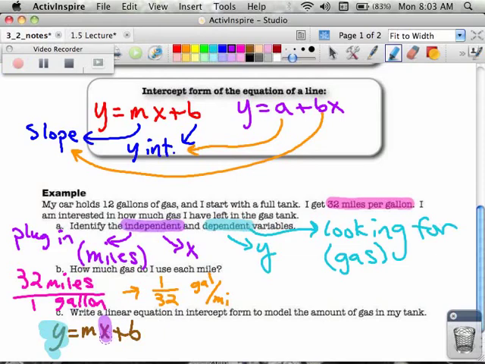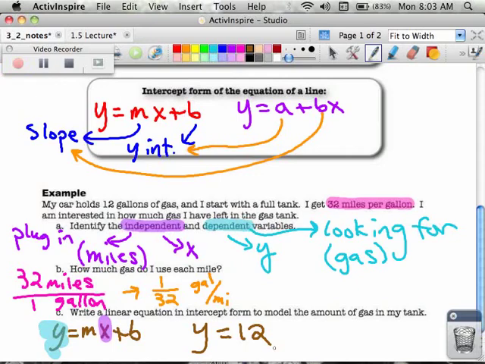So if I'm plugging that in, I need to use the orange gallons per mile in order to talk about my slope. And then I also need to know that I start out with how many gallons. So as I rewrite this thing, I know that what I'm going to say is the number of gallons in my tank will start out with 12. That's how many gallons I have in my tank right now.